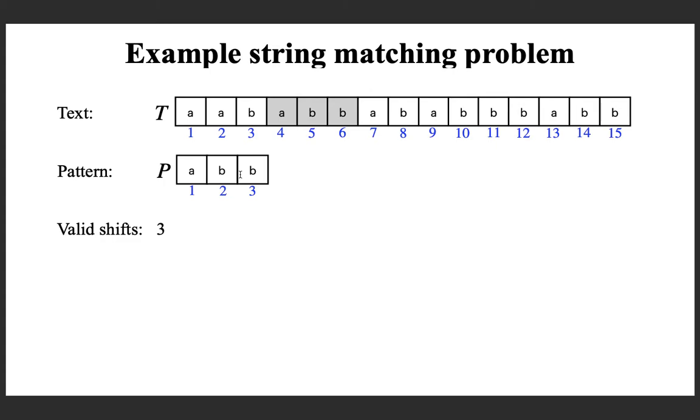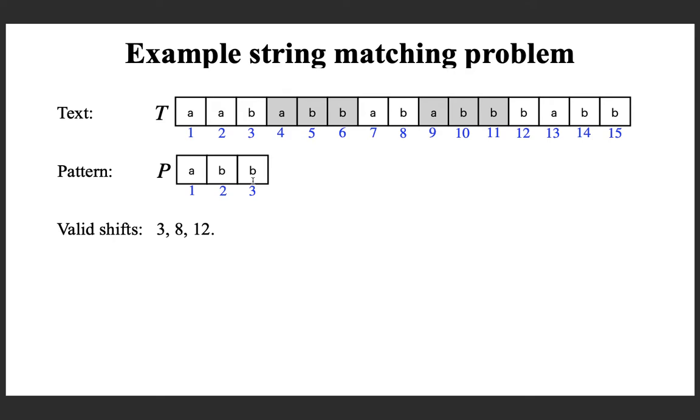And similarly, you can see that 8 is a valid shift because after the index 8, the next 3 characters match with the 3 characters of the pattern. And one more valid shift is there, which is 12.